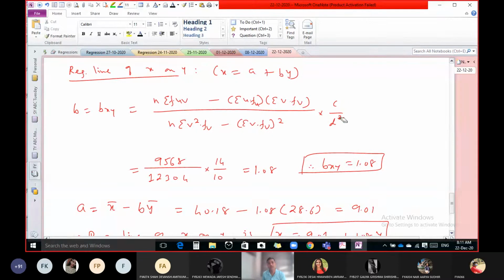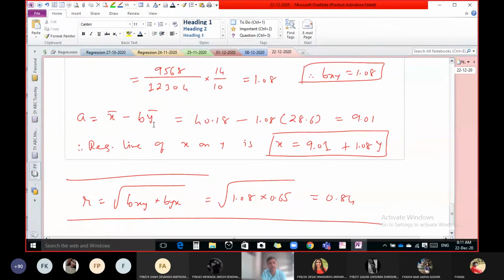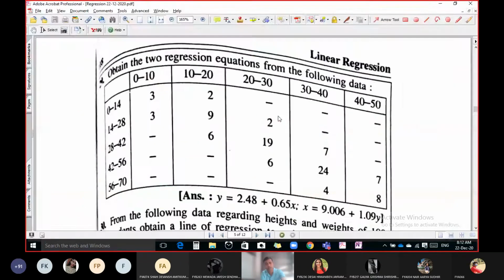So that is the way to learn. Okay, now substitute all the values and calculate. We get the value of bxy 1.08. X bar and y bar is already there, so just substitute all the values. A equal to x bar minus b y bar is the formula. Any problem to anybody?